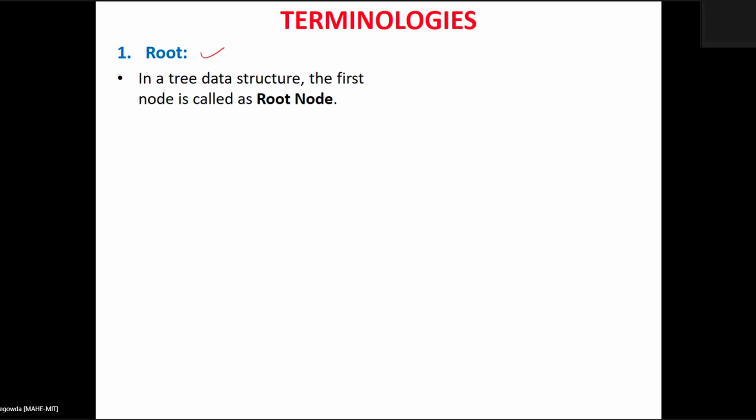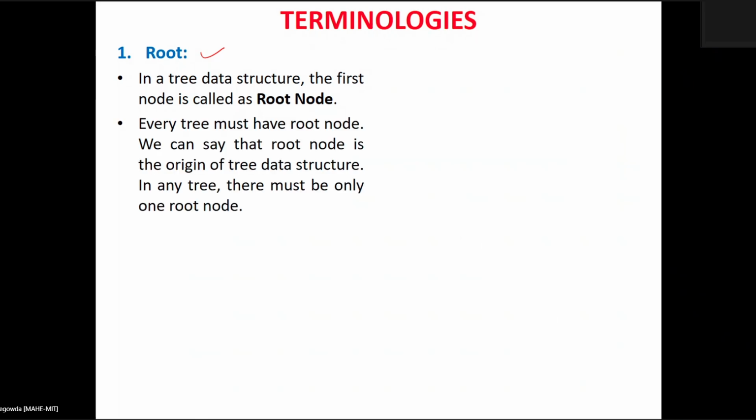Before discussing trees, you need to remember some of the terminologies we are going to use. The first terminology is the root. Root is a special node in any given tree. The entire tree originates from it, and it does not have a parent.